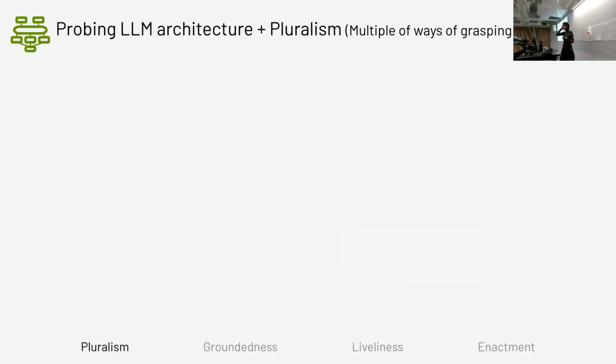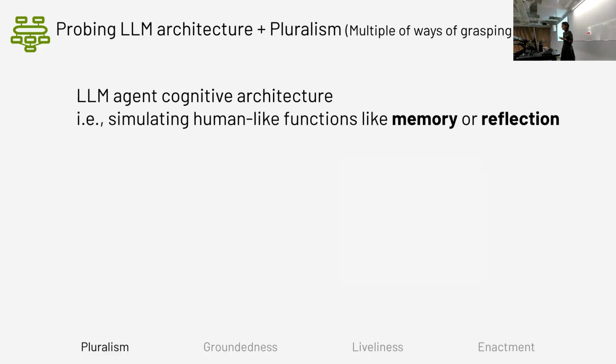Okay, so to remind you, thinking about the LLM architecture and pluralism, the second analysis that we did, in this system, each agent has a cognitive architecture built on an LLM designed to simulate human-like functions like memory and reflection to organize the information that it has to store.